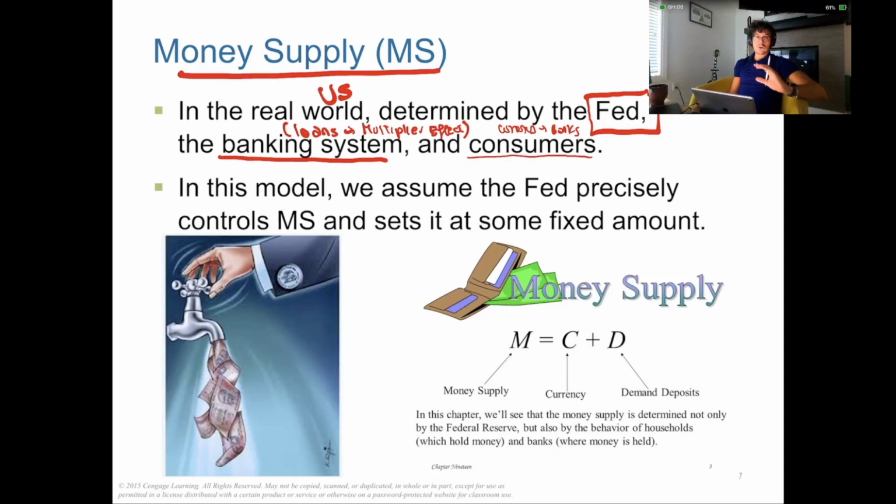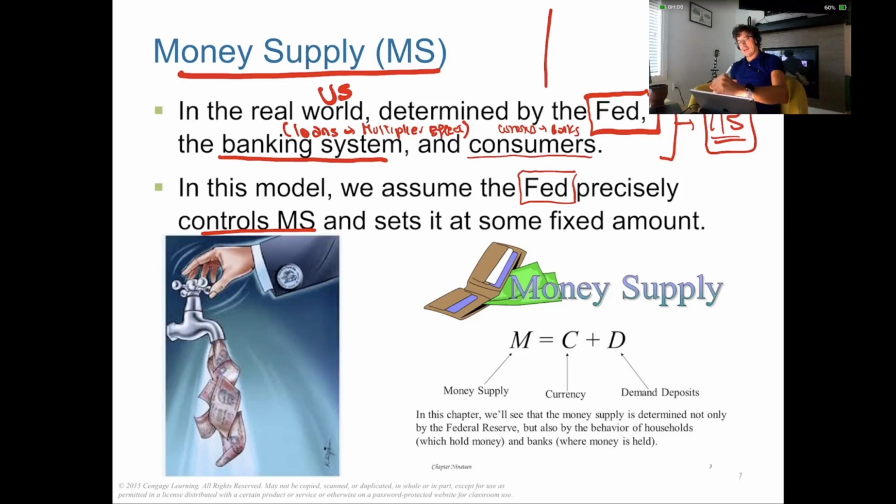So in this model, we are going to assume that this complex interplay between Federal Reserve, banking system, and consumers that determine the money supply is actually not so chaotic. So we are going to assume that the Federal Reserve can exactly control the money supply. Okay?